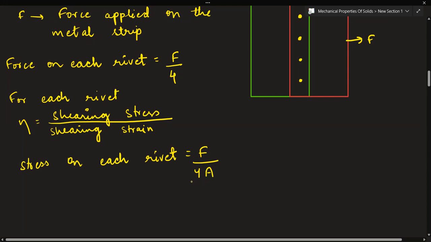For each rivet, that would be the force on that particular rivet over the area, so force divided by 4A.